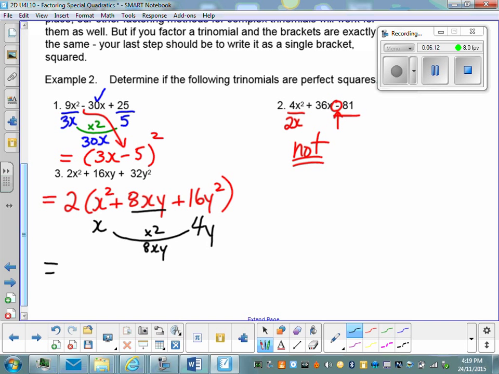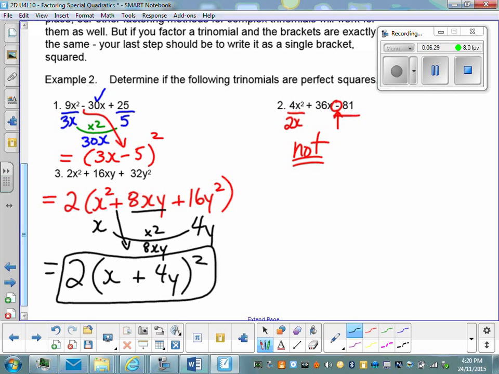So that means that I can factor it as a perfect square trinomial. So remember, it's going to be x at the beginning of the bracket, 4y at the end of the bracket, and the sign comes from the middle up above, and then that will be squared. So that's what that's going to look like in that situation.